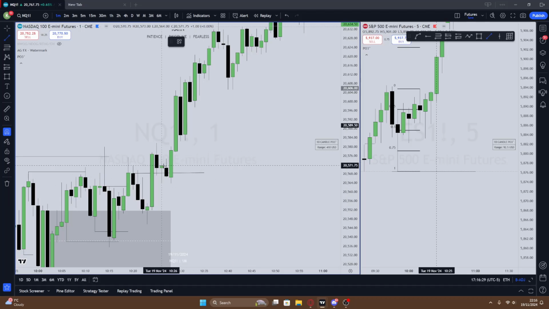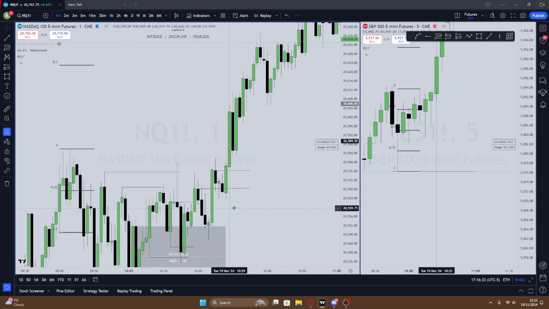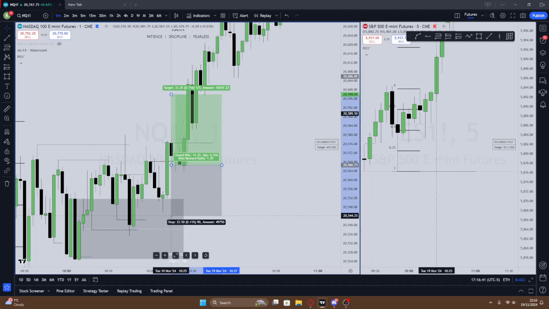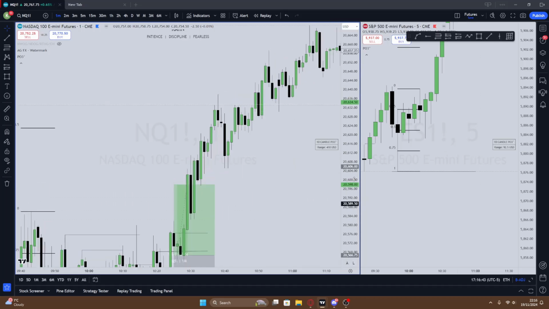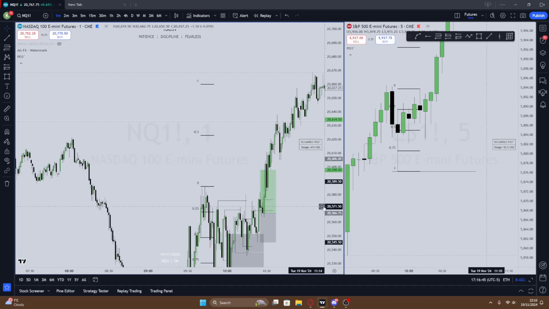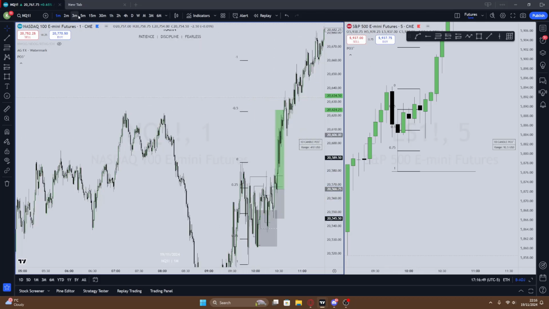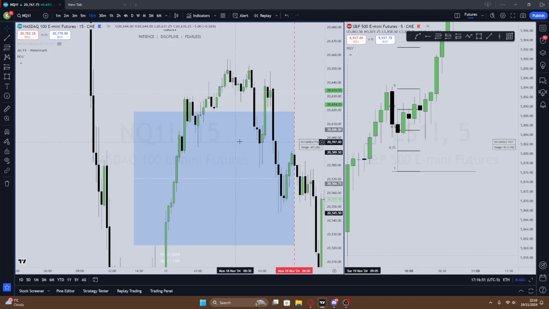But either way, you wouldn't have gotten an entry here or on this red candle here. So the nicest entry that you could have had was probably this fair value gap up here. Stop being at that low, TP being at these equal highs probably. That's probably TP1 or something.